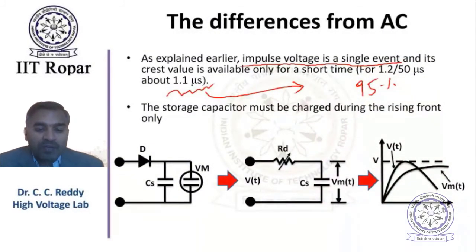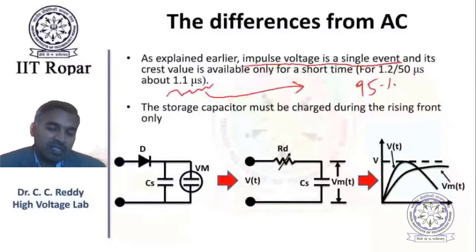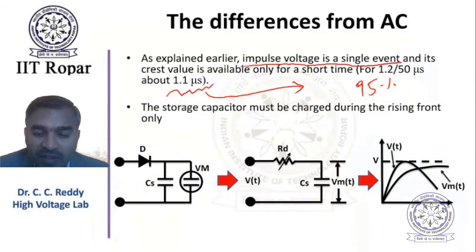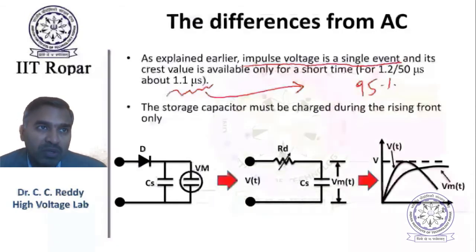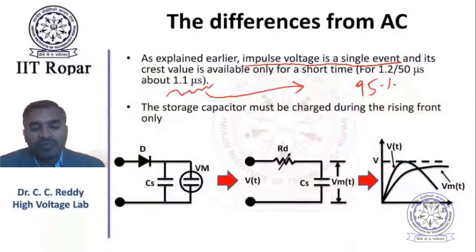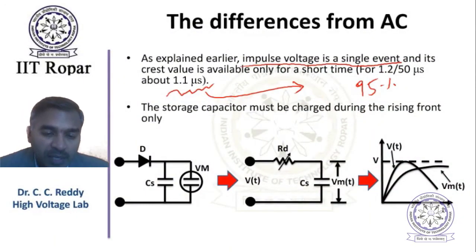So a 1.1 microsecond event we have to measure. After 1.1 microseconds of appearance of this peak, if a proper circuit is not made, then it is bound to disappear. So we have to consider this very small timing in measurement.